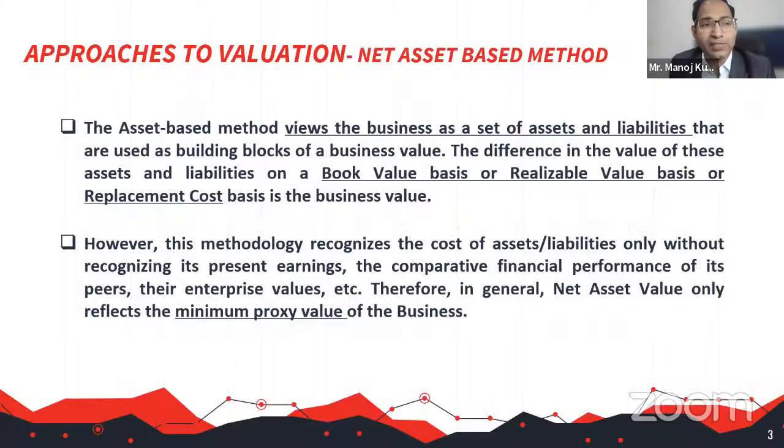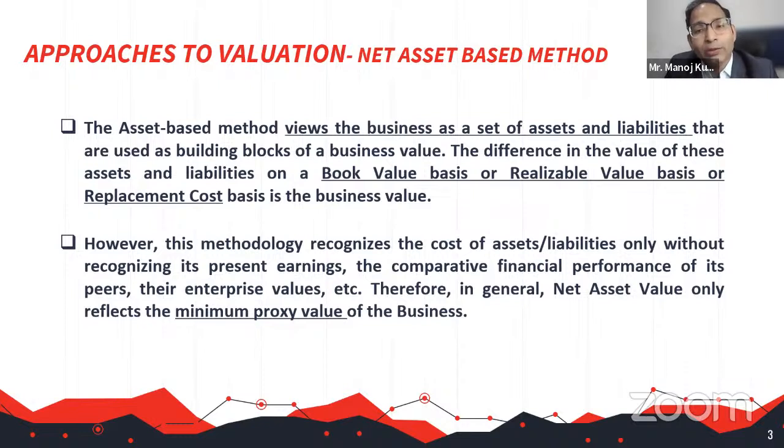If we talk about the first approach, the asset-based approach, it is always considered to be the bare minimum or minimum proxy value for any business. It can be done through three methods. It generally determines the value of assets and liabilities, and the net of the assets and liabilities is considered to be the book value or fair value of the business on a net asset basis.